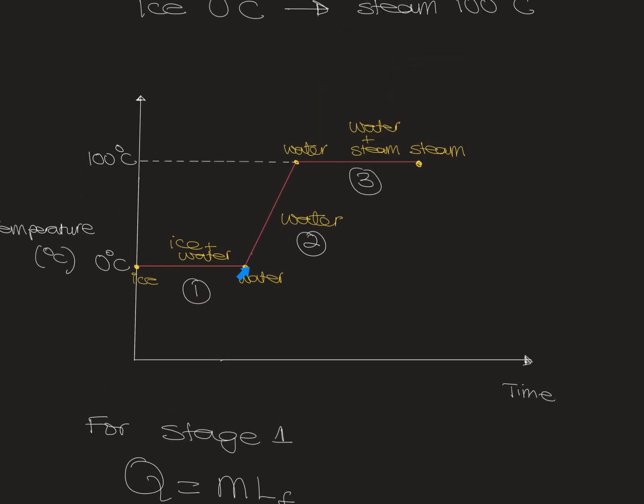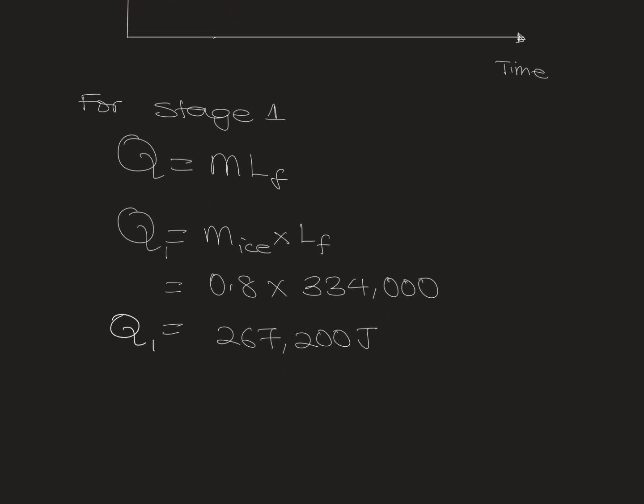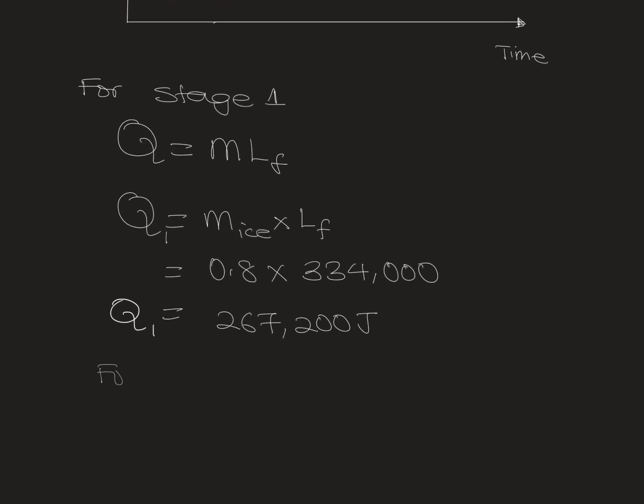Moving on to stage 2. For stage 2, we have water at 0 degrees Celsius converted to water at 100 degrees Celsius. So that involves a change in temperature. Therefore, we can say for stage 2, Q is equal to mc delta theta.